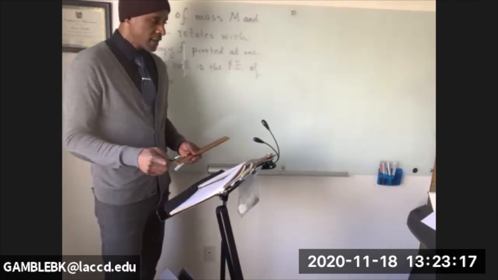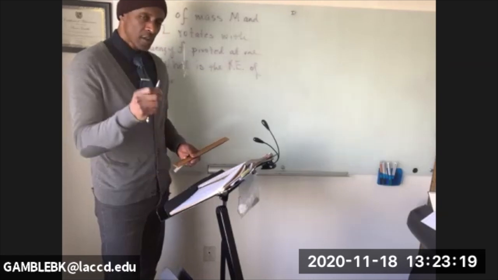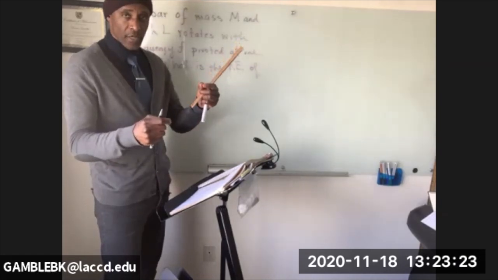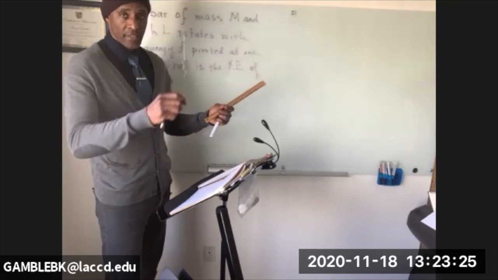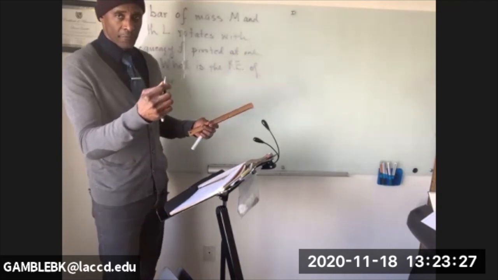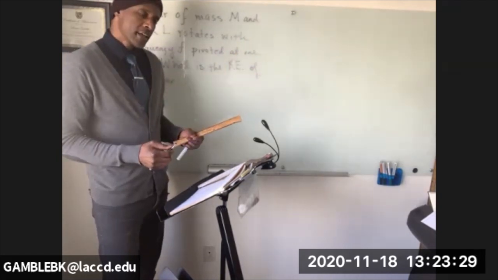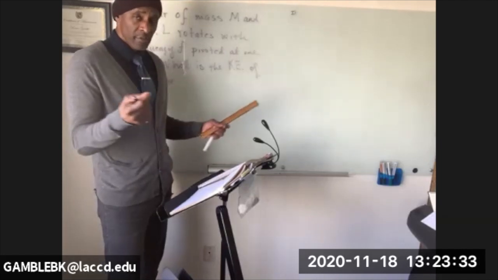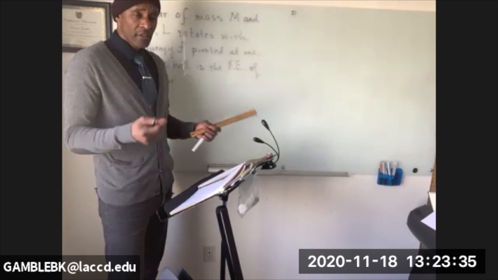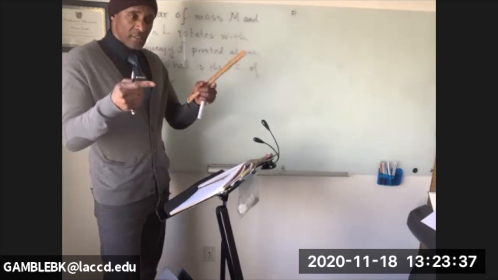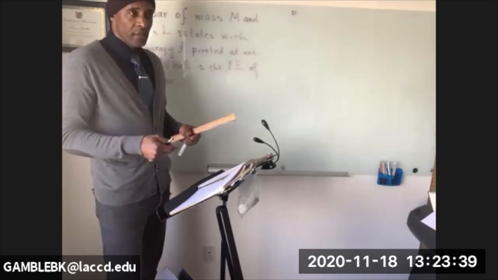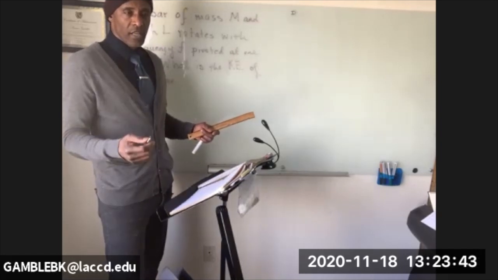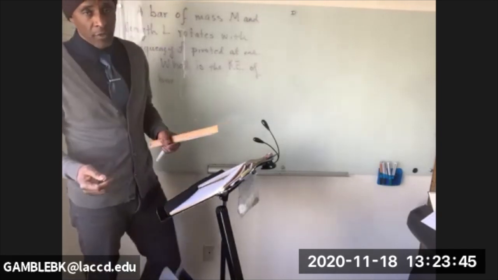But what if I had a string and I had a mass at the end of the string? Let's assume the string is massless, and I spin it around like that. Well, in that case, assuming that the mass is a point particle, if I knew the speed and its distance r away, I could just figure out the kinetic energy, 1/2 mv squared.